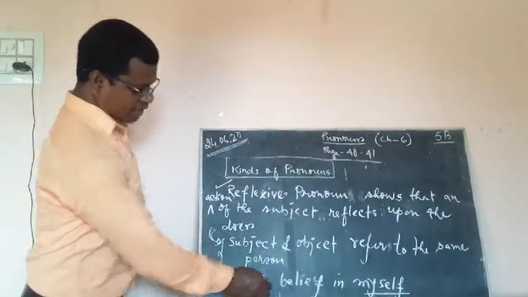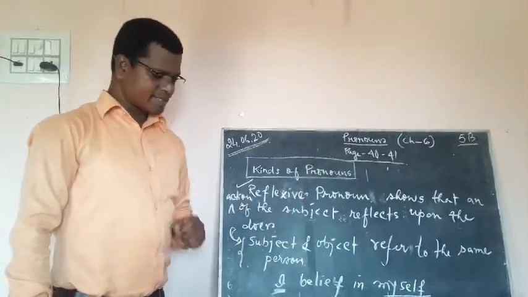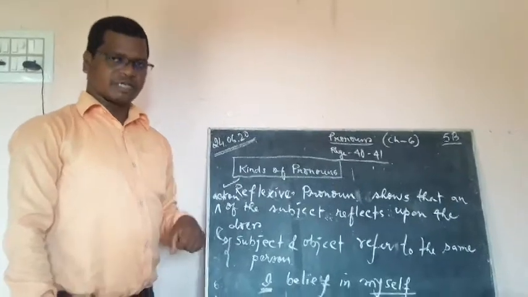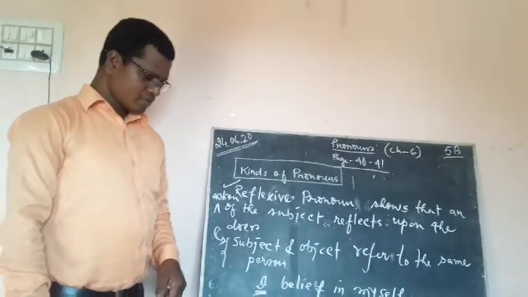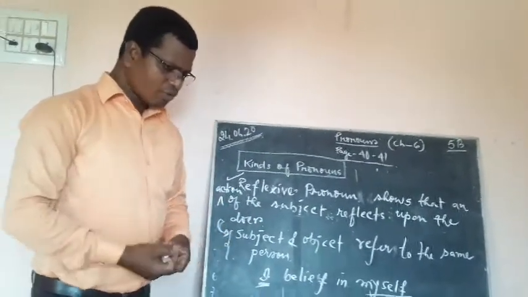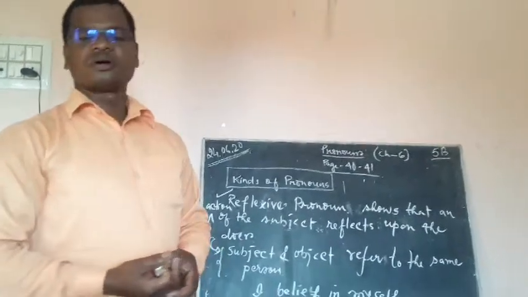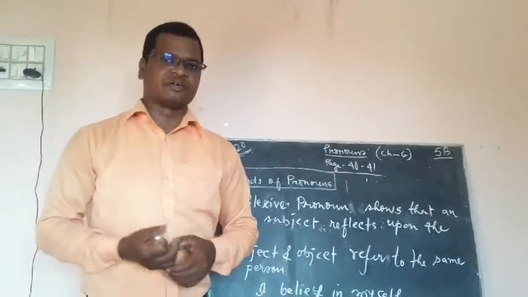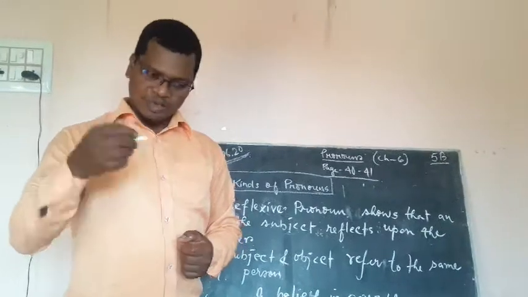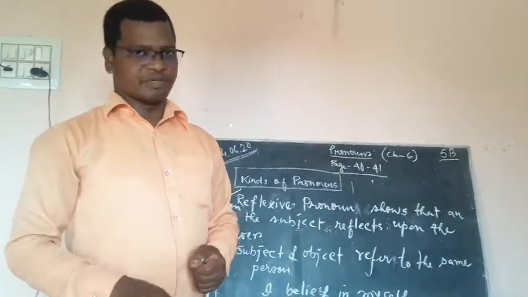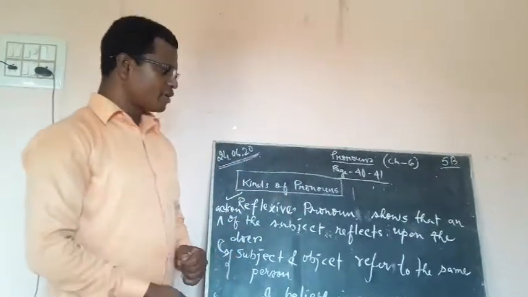I believe in myself. So this is the example. And one more I will tell you: I saw myself in the mirror. I saw whom? I saw myself in the mirror. So these are some examples of reflexive pronouns.